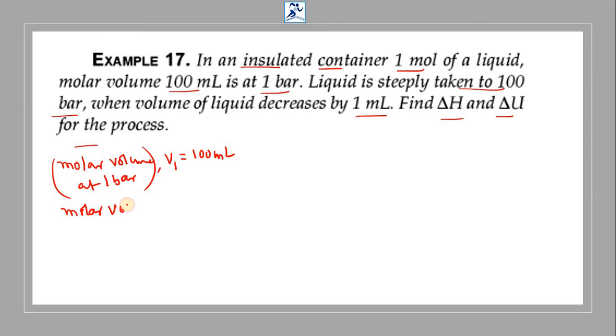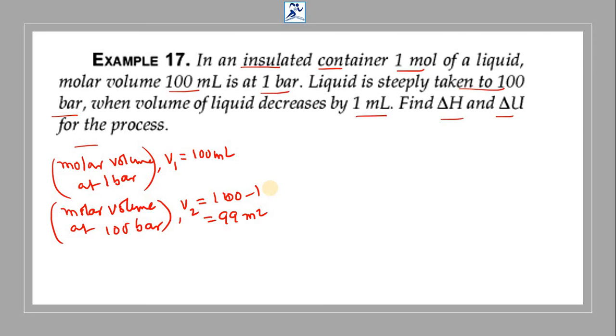If you consider this is V2, it will be 1 ml. It decreases to 1 ml, so 100 minus 1, that is 99 ml.